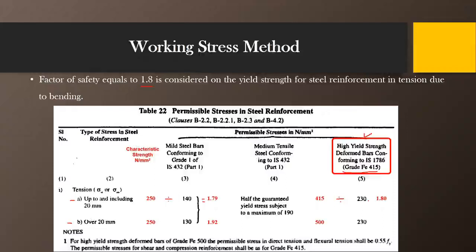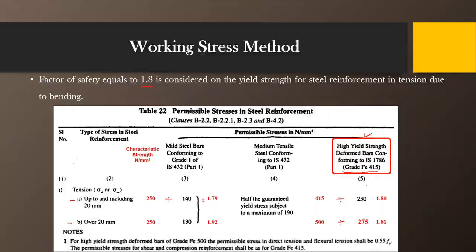It means that this permissible stress value, what we have to use here, should be equal to 0.55 times 500, because Fy is 500. So this value is equal to 275. Now to calculate the factor of safety, we'll just divide 500 by 275, so that we'll get the factor of safety of 1.81.